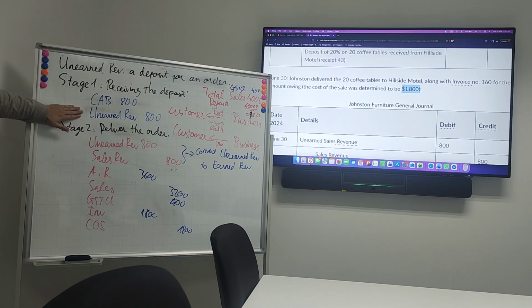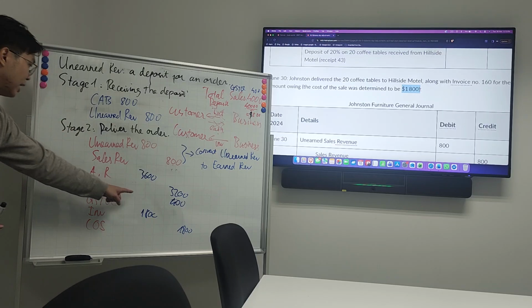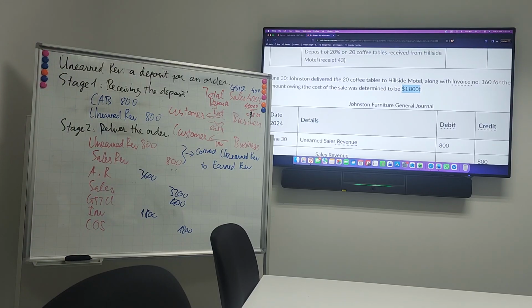These entries say we have received a deposit from the customer, but we haven't done anything for that customer. And in stage 2, we have delivered the product to the customer. Therefore, now we are recognizing the sales for the entire order. However, since the customer has already made the deposit before, the credit sales that we are recognizing should be $800 less because they've already paid 800.